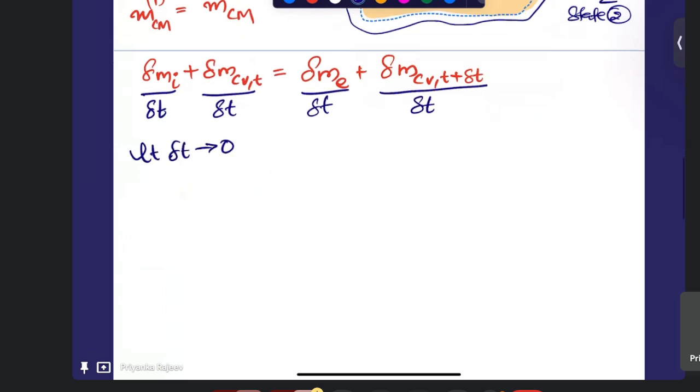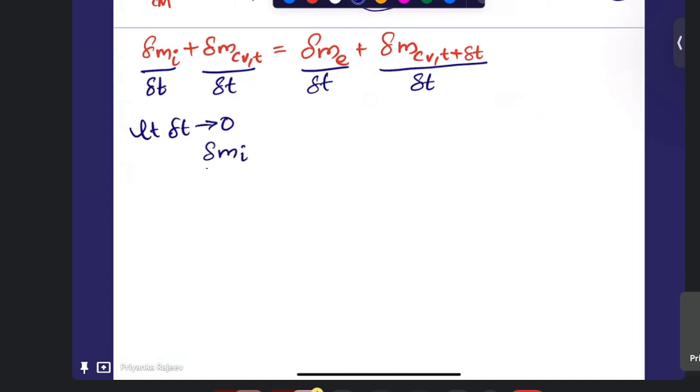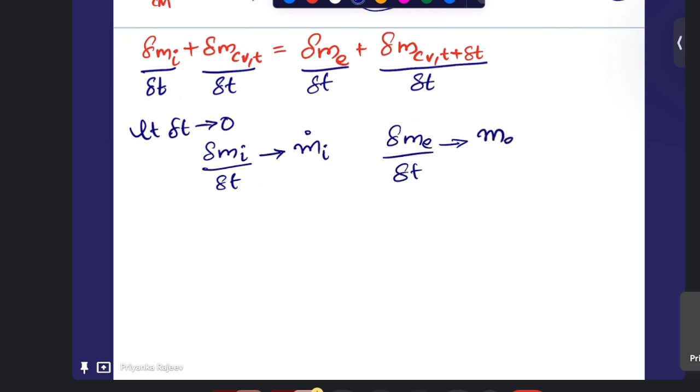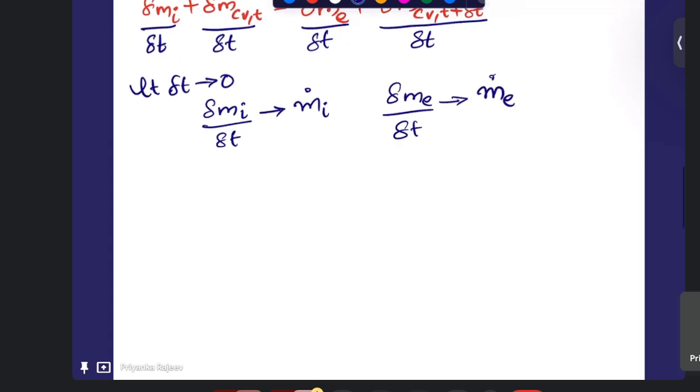Delta Mi by delta t becomes Mi dot, that is the rate of mass entering at the inlet, and delta Me by delta t is the rate of mass exiting at the exit. So I am writing this as Me dot.